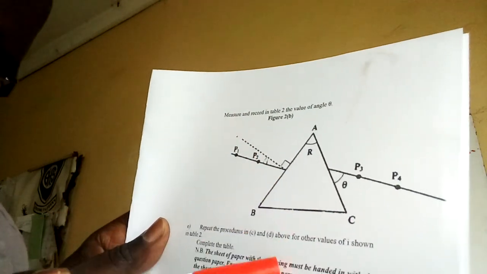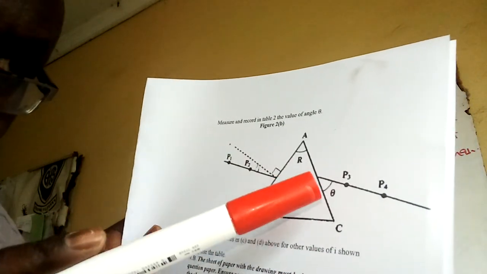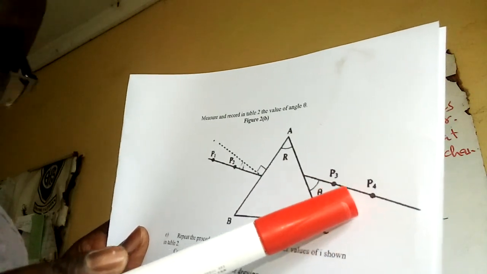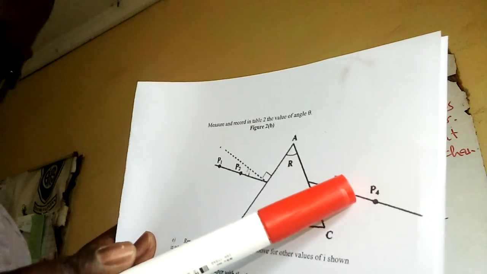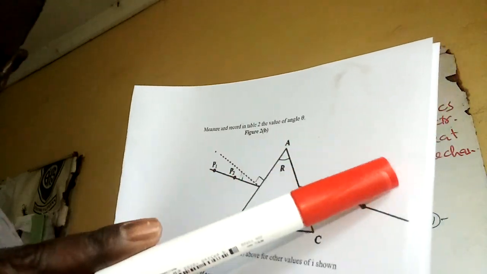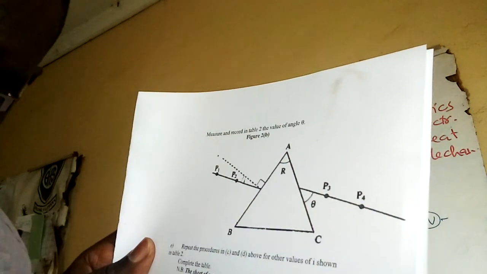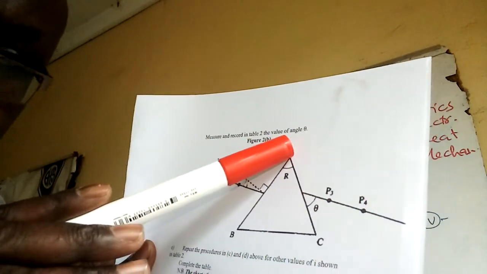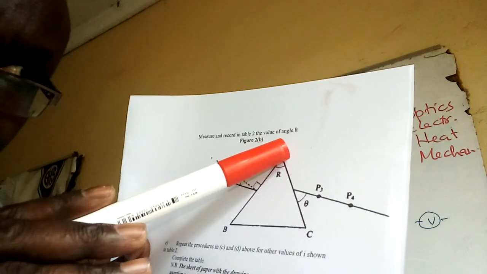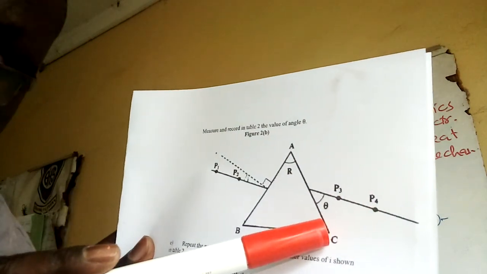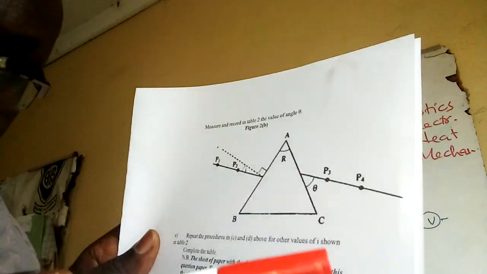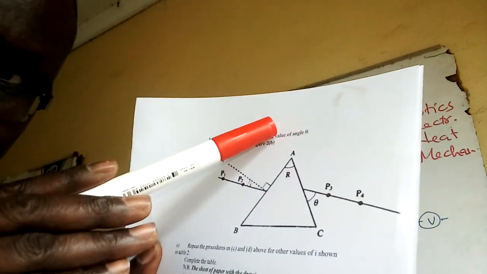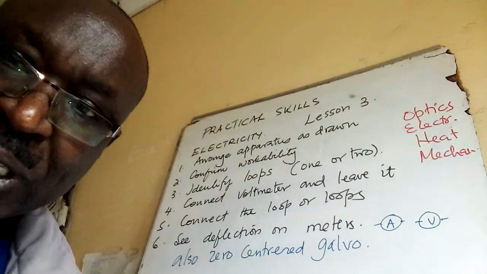Then in the explanation, it tells you need to put P3, P4. Now you can see these ones are put on the side AC. So this is the range of your observation from A all up to C. If you extend this and extend that, that is the range of observation.